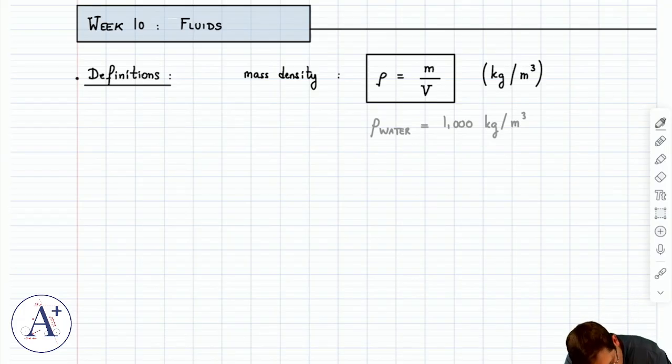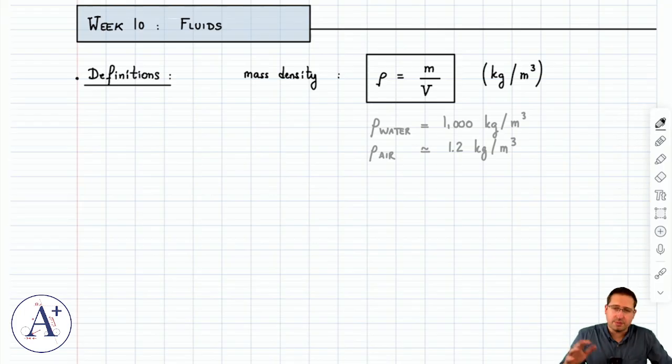And then rho air is approximately 1.2 kilograms per cubic meter, although the truth is it depends on temperature quite a bit. But call it 1.2. As an order of magnitude in your head, it's 1,000 times smaller than rho water. So it's much less dense than water.